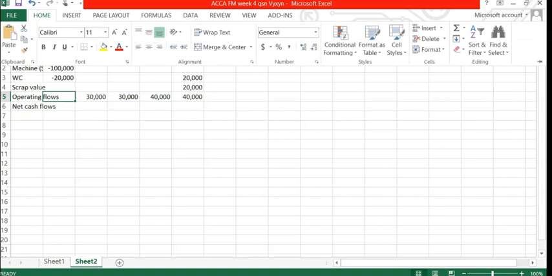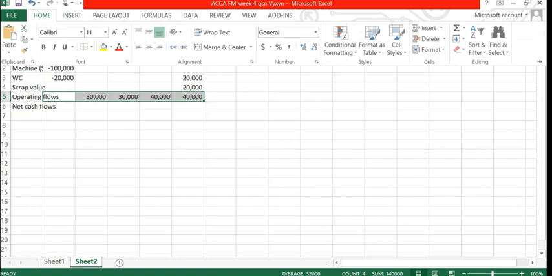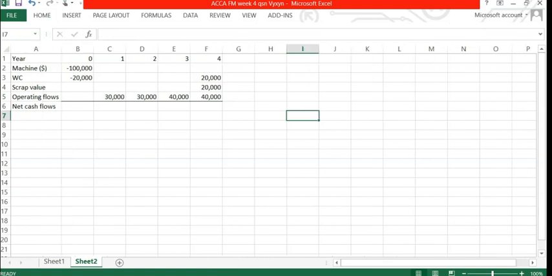Let us do a little bit of formatting. You can just put our underlinings here, and then double click here to enlarge our cell for column A. If you add, you can see that this one should be the sum of these.